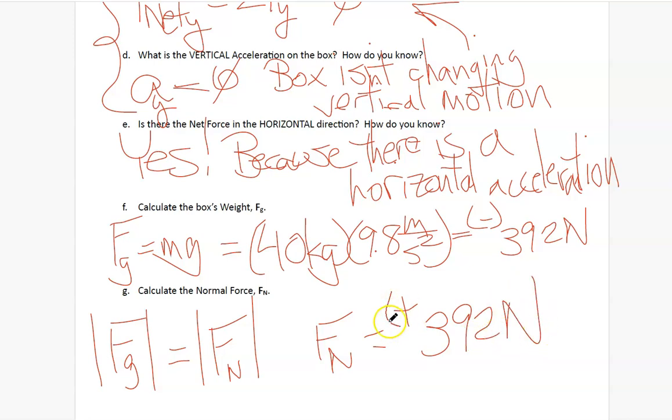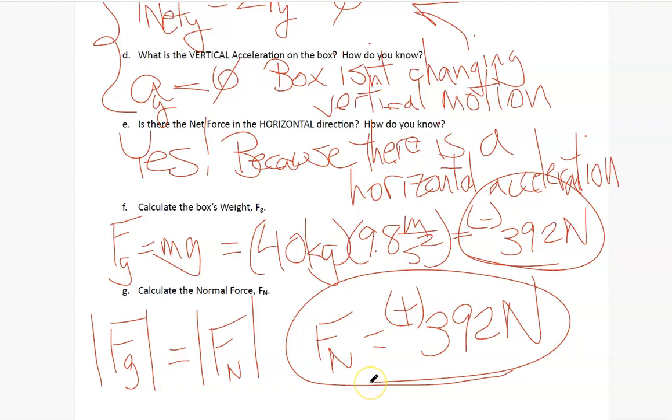It's just in the positive direction. And this is a much easier way to do it than using formulas, but I wanted you to see both ways. Okay. So now we know two forces. We know the weight force. Actually, we know three forces. We know the weight force, we know the normal force, and we know the applied force.